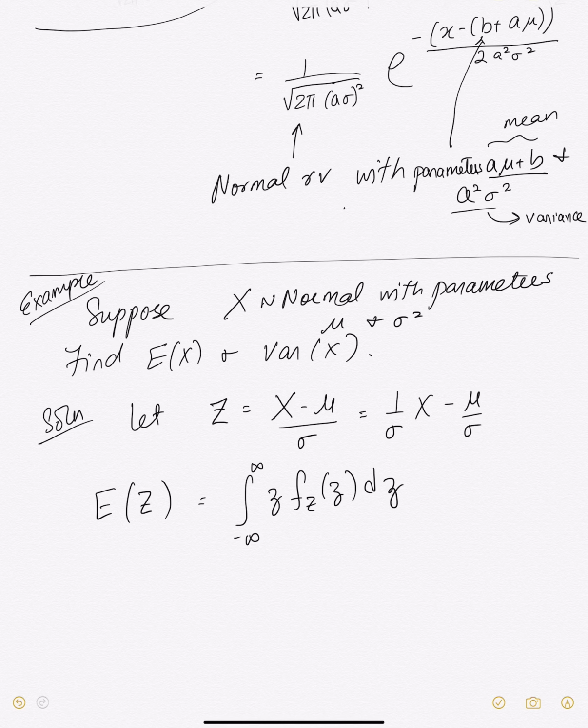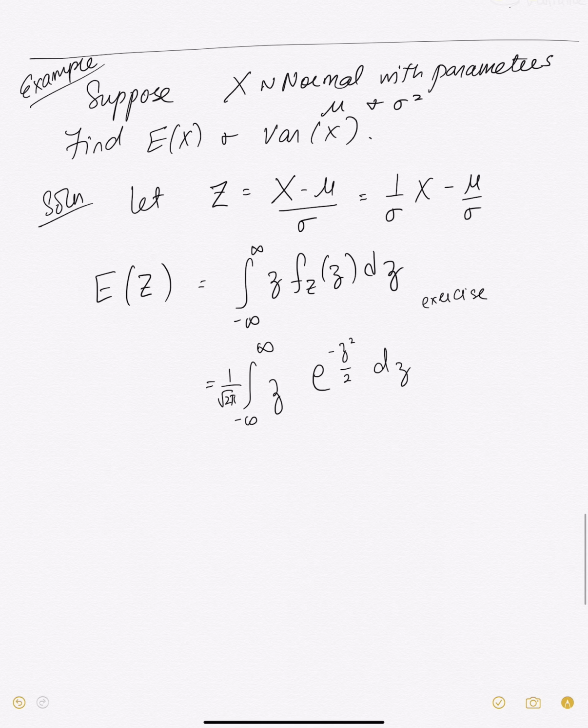You can do this little exercise. The density of z will turn out to be e to the minus z squared over 2, times 1 over square root 2 pi, on the whole real line.